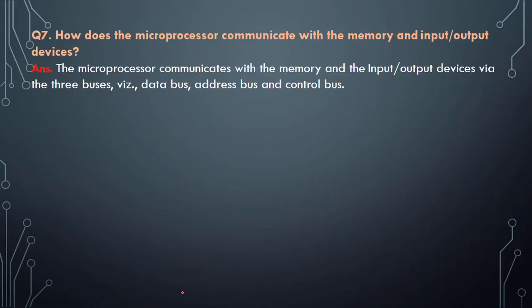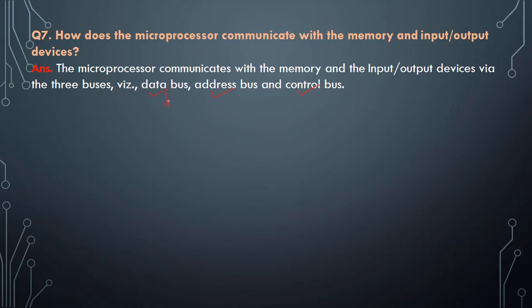So number 7 is, how does the microprocessor communicate with the memory and input-output devices? The microprocessor communicates with memory and input-output devices via three buses: the data bus, the address bus, and the control bus.